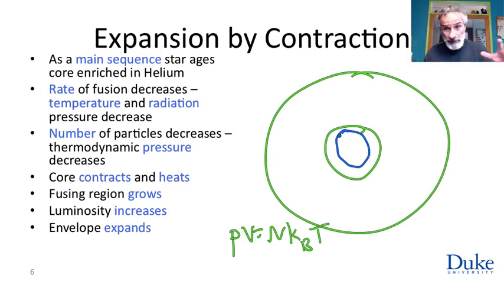Moreover, because thermodynamically when you contract something, it heats up, the temperature in the core rises, and the density rises. How long does this go on? Well, until fusion rates increase enough to hold up the rest of the star. So, in fact, the pressure here is essentially equal, or larger, in fact, because of the contraction, to the pressure that previously obtained there. And densities and so on follow.